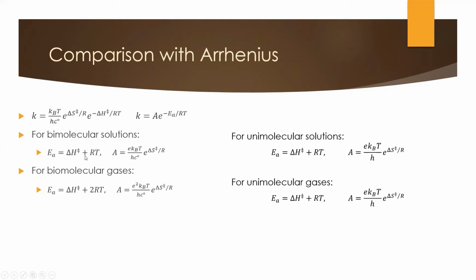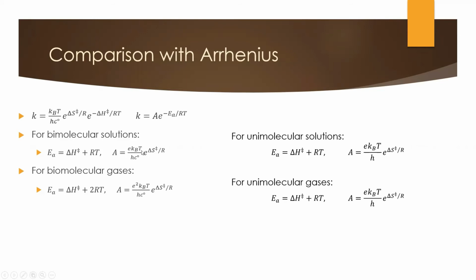And so putting this together, comparing this with the Arrhenius rate law, we can kind of get an estimation for what these are. Now, the actual applications are different. And so you can see some of these here, depending on if you have solutions or a gas phase. So for a bimolecular collision in solution, we end up with this expression here, where our pre-exponential factor is equal to E, and that comes from this guy here.